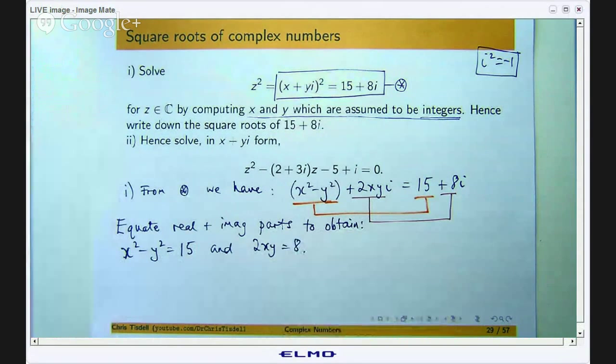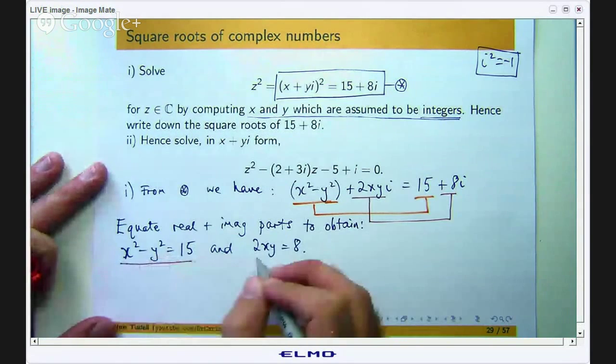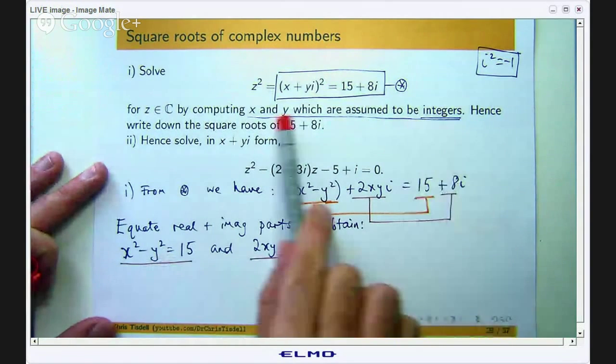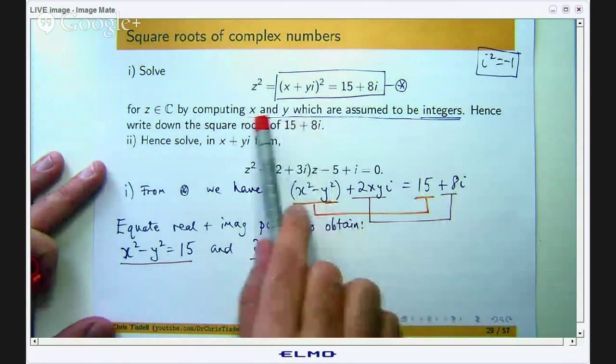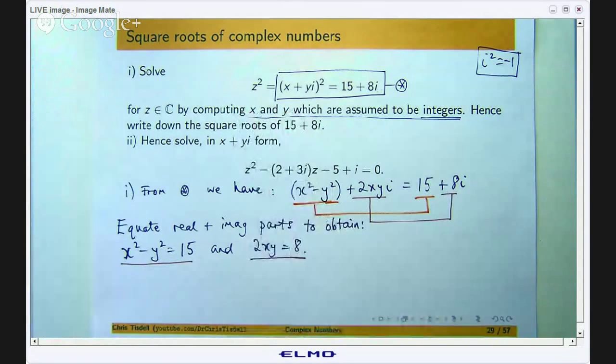Okay, so how do we solve these? Well, the nice thing now is that given the knowledge that x and y are both integers, are both whole numbers, we can actually start with this and take the 2 to the other side.